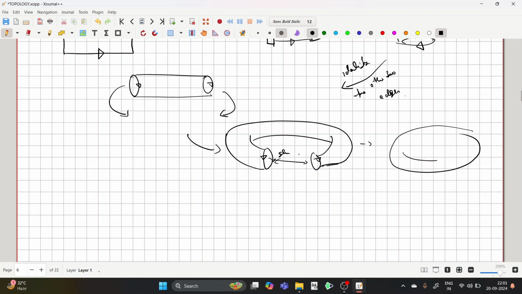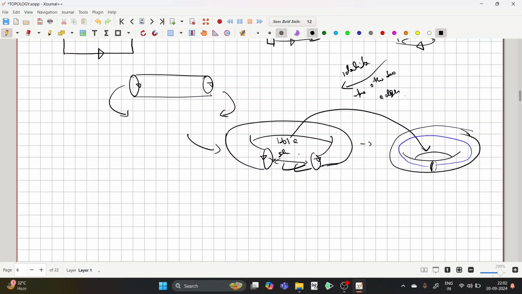Then I get a full circle here and a hole in between, right? This hole comes to form this hole, and this is the edge I had, which is the gluing of this part, and there is one more edge, which is the gluing of the vertical edges.